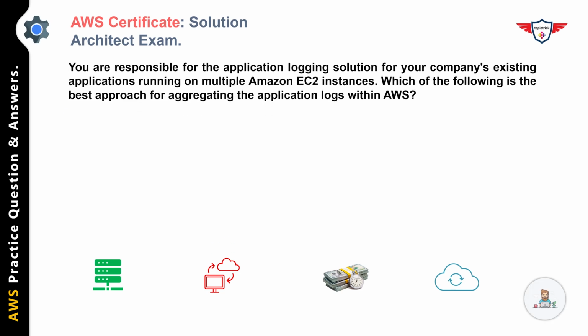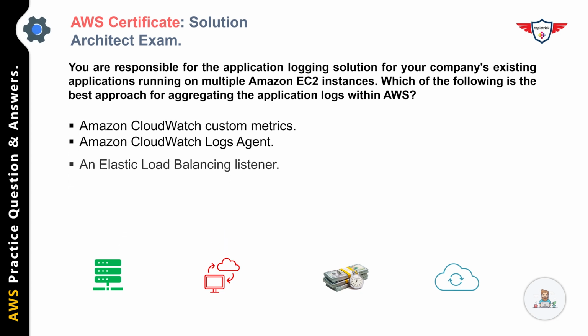You're responsible for the application logging solution for your company's existing application that is running on multiple Amazon EC2 instances. Which of the following is the best approach for aggregating the application logs within AWS?